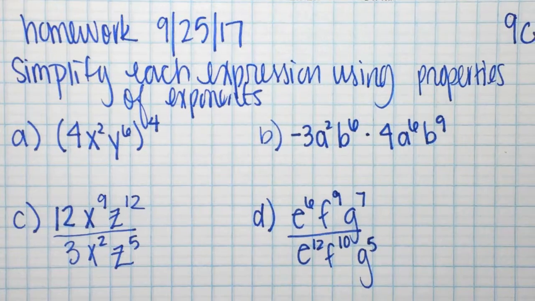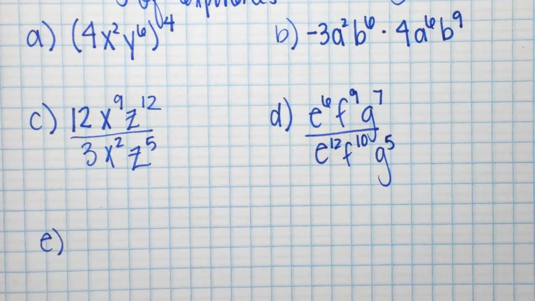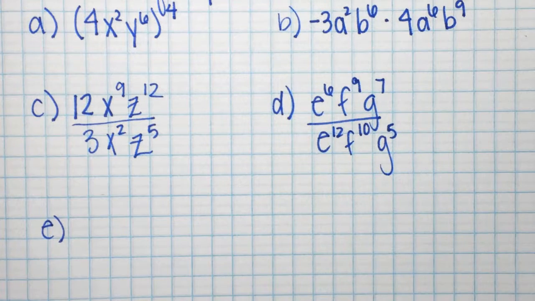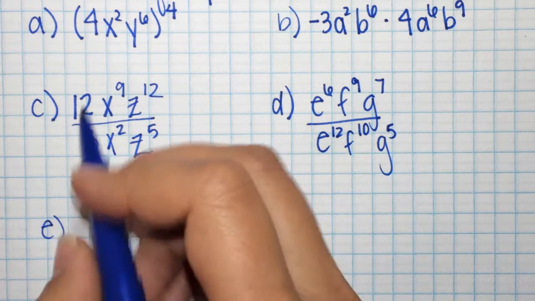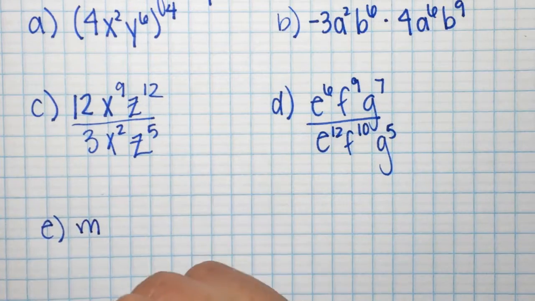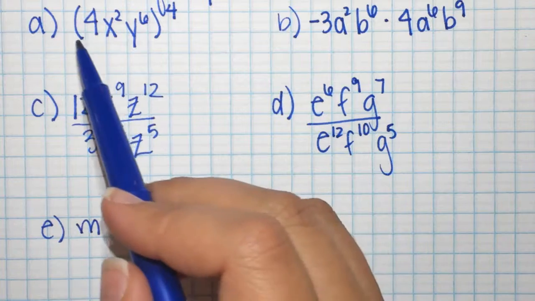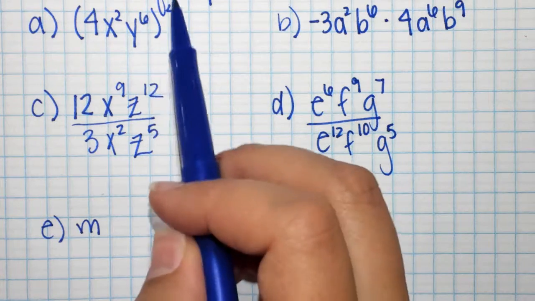We're going to have 6 problems tonight. I'm sorry, did you need more? Yeah. Okay. On which letter? 4 x squared y to the 6 to the 4th power.